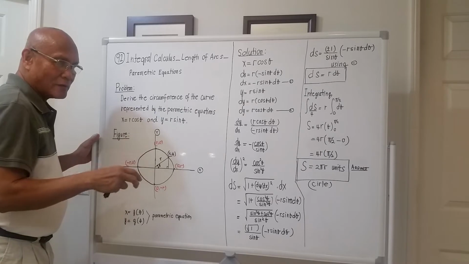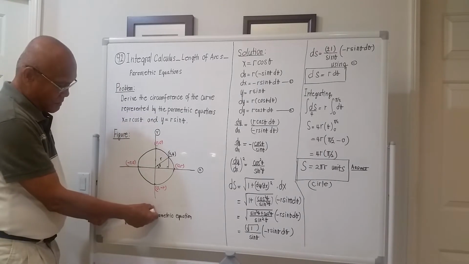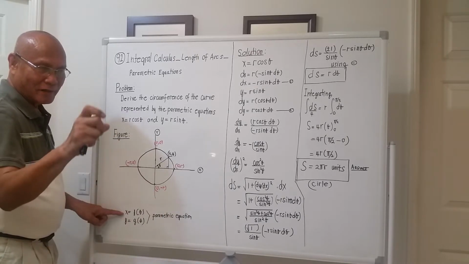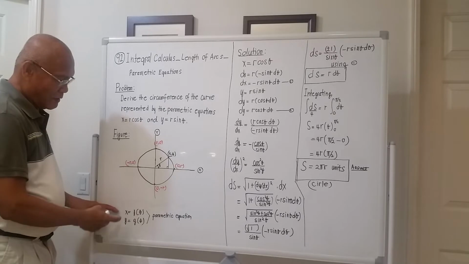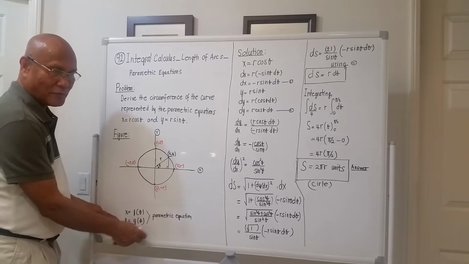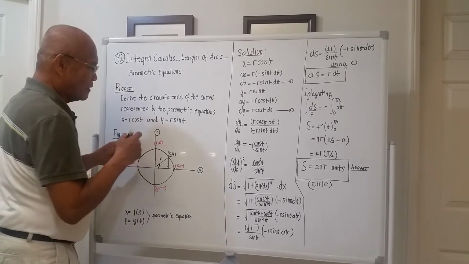We are given a parametric equation, that is x equal to a function of theta and y equal to a function of theta. The parameter here is theta. So meaning we are given x as a function of theta and y as a g of theta. It's another function, so it falls under parametric.